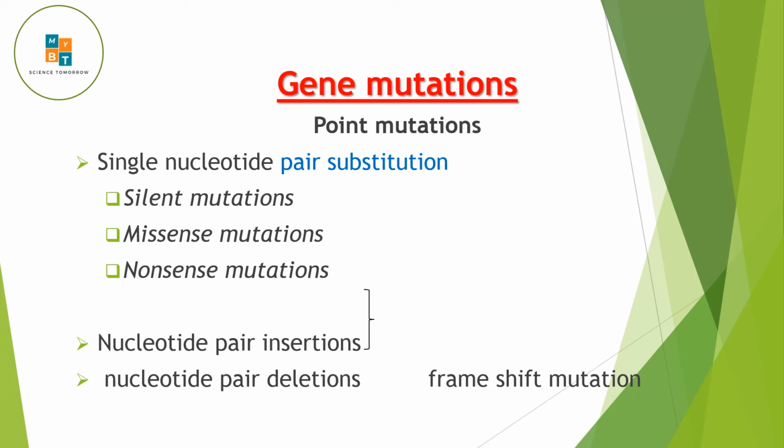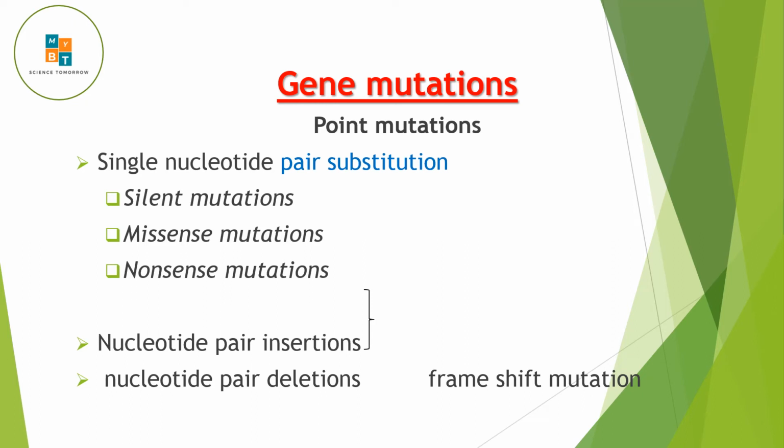In a silent mutation, although you have the mutation, the resultant amino acid won't be changed. So there's no change of the amino acid. There's no change of the protein.